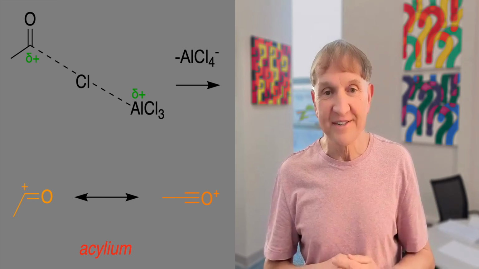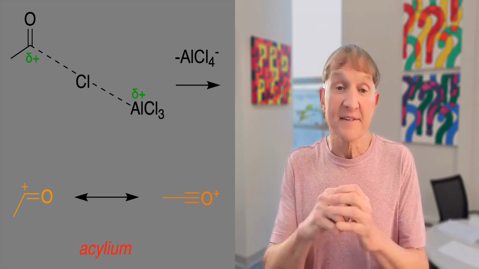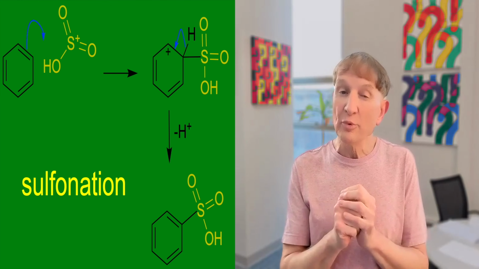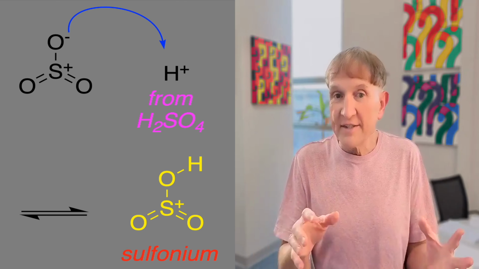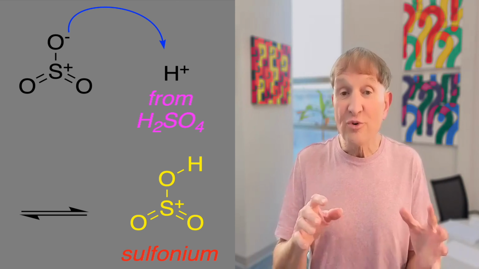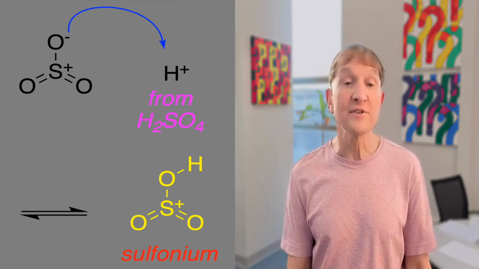Aluminum trichloride is a nice one. It will abstract the chlorine, leaving us that acylium ion to do the electrophilic attack. If sulfur trioxide is bubbled through sulfuric acid, the sulfuric acid protonates it, and we get what's called fuming sulfuric acid. SO3+ is formed in that medium. That's the electrophile for sulfonation.